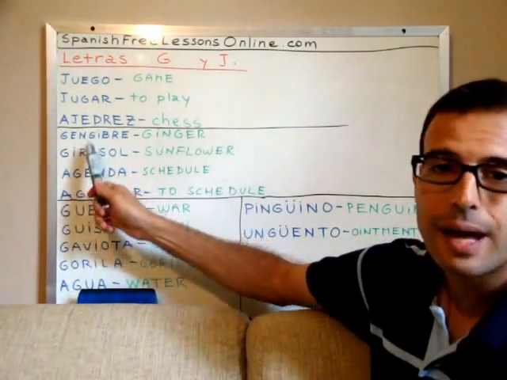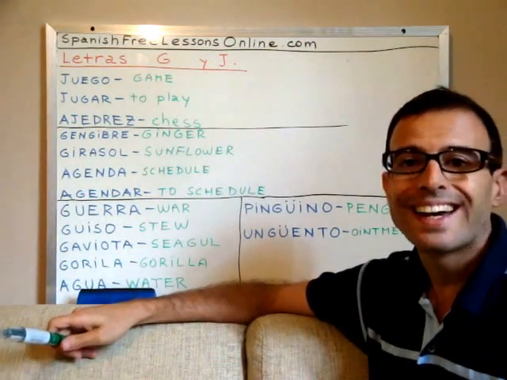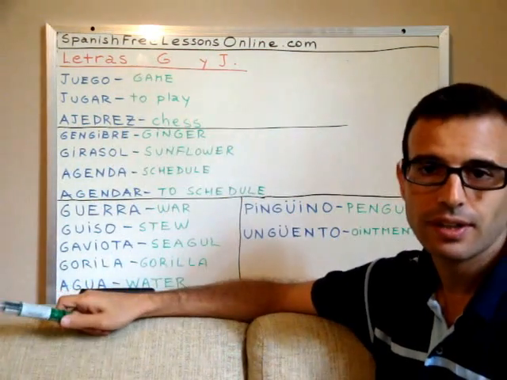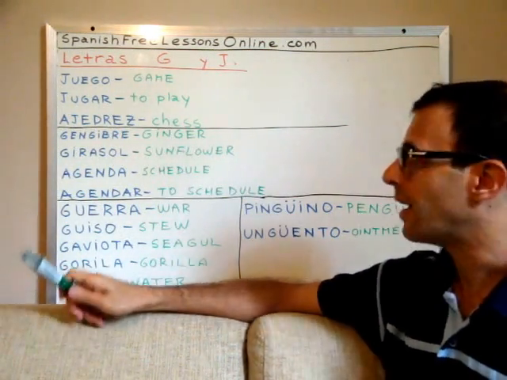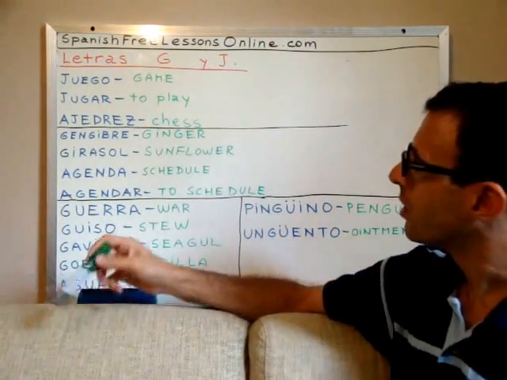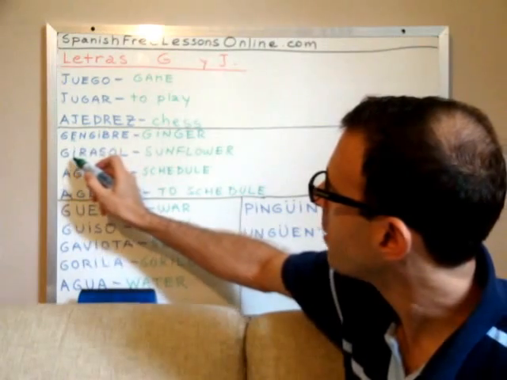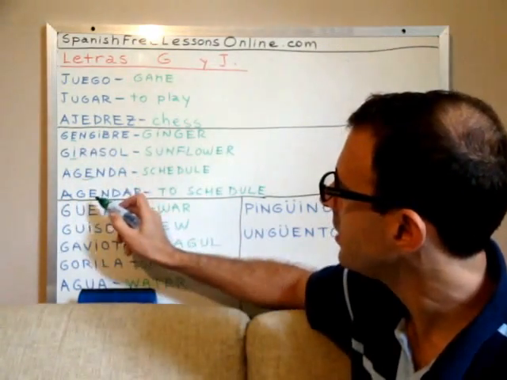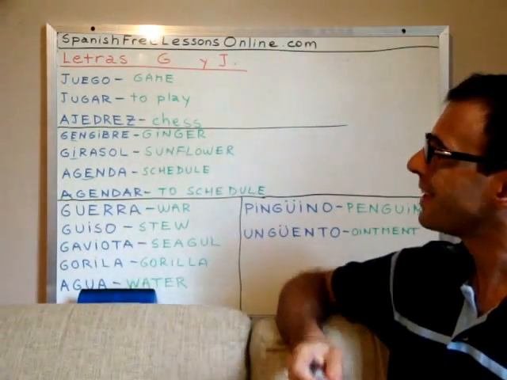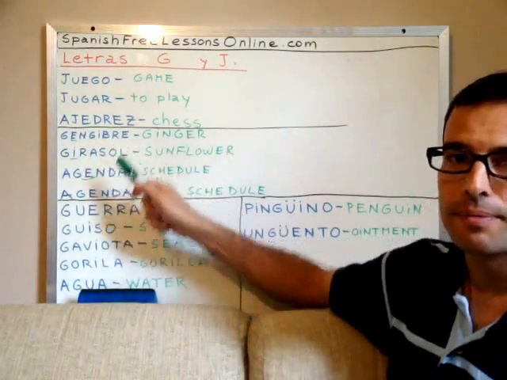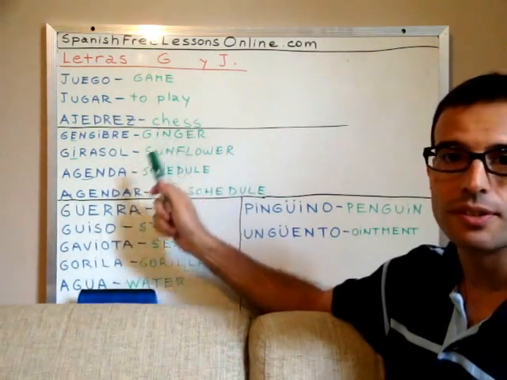Here we have some examples with letter G, sounding the same as J when it is followed by letter E or by letter I, right? Jengibre, that's ginger.